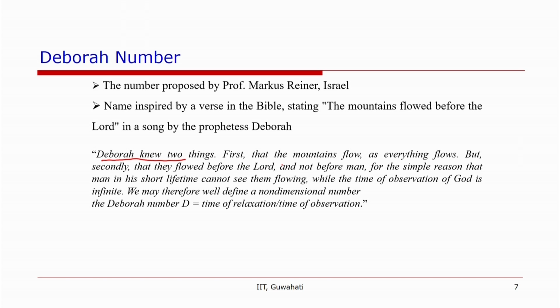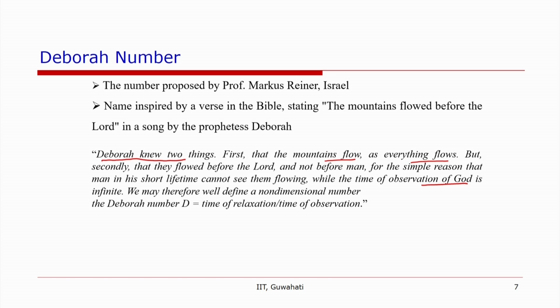First, that the mountains flow as everything flows, but secondly, that they flowed before the Lord and not before man, for the simple reason that man in his short lifetime cannot see them flowing, while the time of observation of God is infinite.